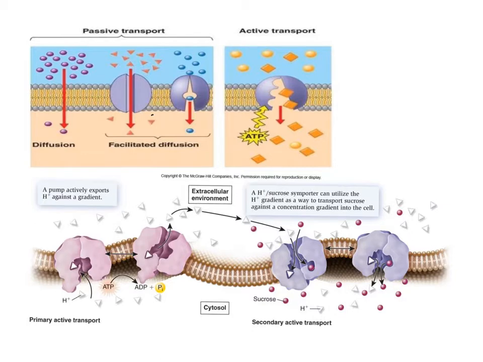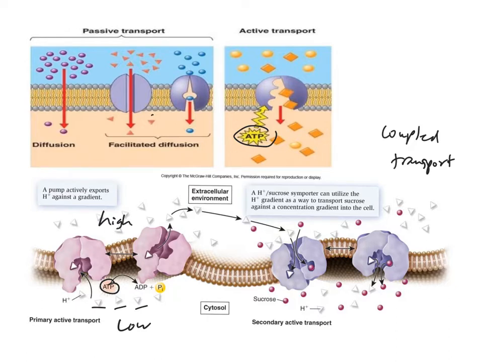Now sometimes that energy comes directly from ATP, as we see here. Other times that energy can come from what's called coupled transport. Down here we can see that initially ATP is being used to pump hydrogen ions from low to high.